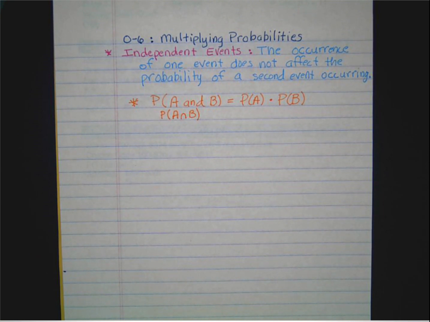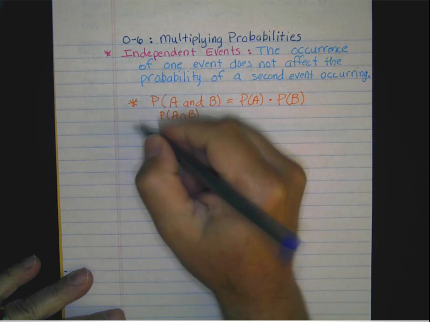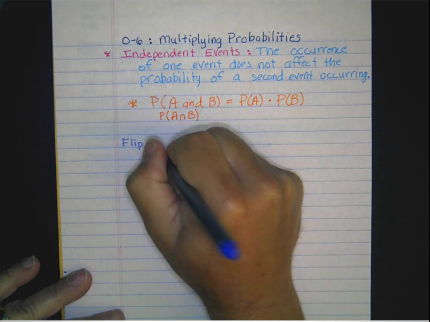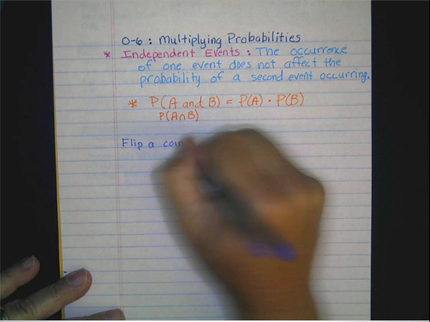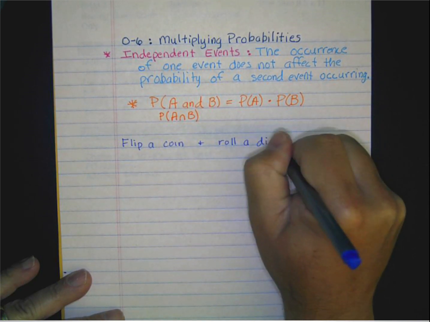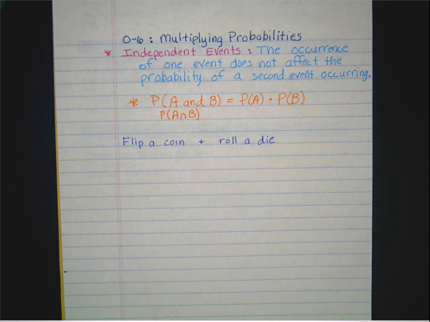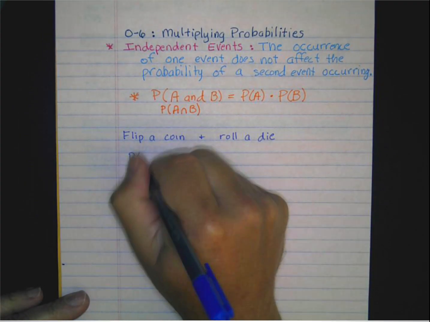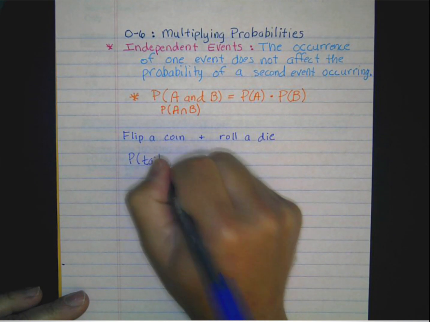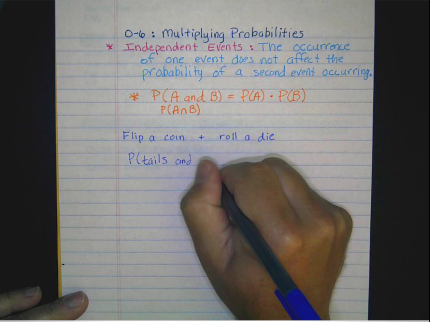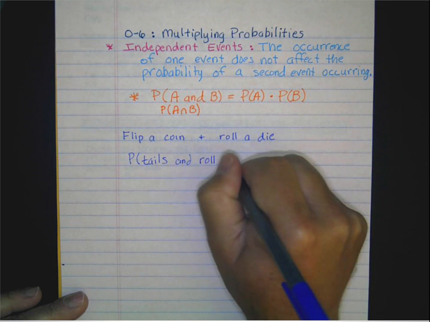Let's do the simplest one I can think of. We're going to flip a coin, and we're going to roll a six-sided die. What I want is the probability that when I flip the coin, I'll get a tails, and when I roll the die, I will roll a 4.